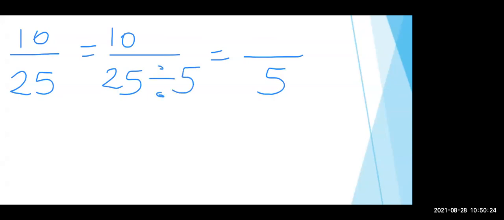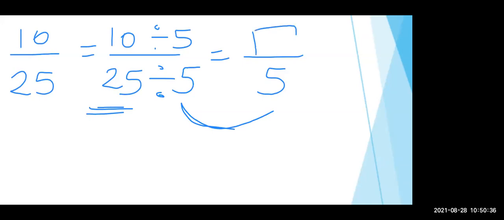Now 5 fives is what? 5 fives we are getting answer as 25. So we will divide the numerator also by 5. Now in which times are we getting 10? Very good. 5 twos is 10. So in this way you are going to do.